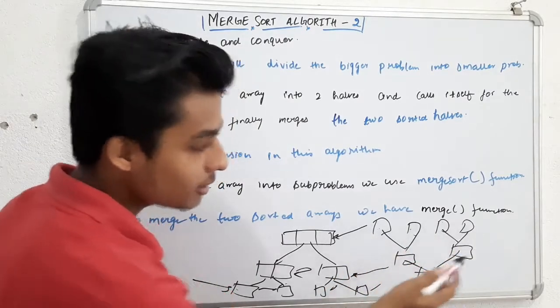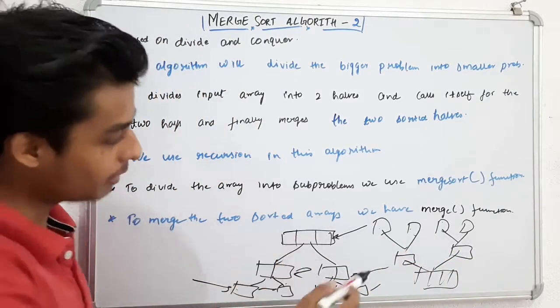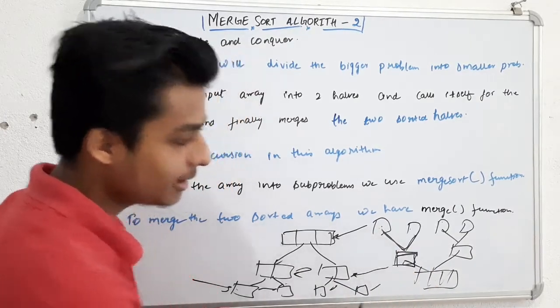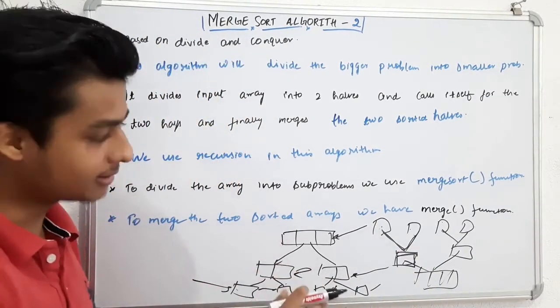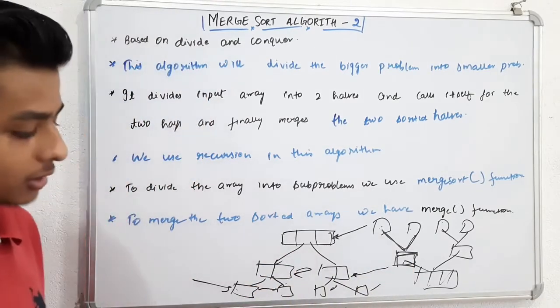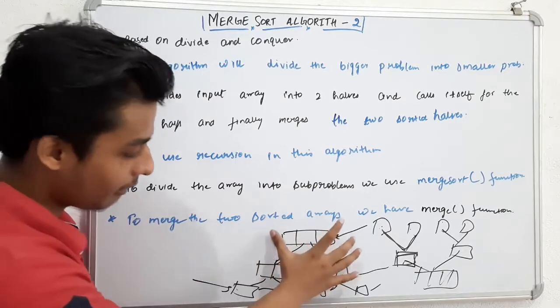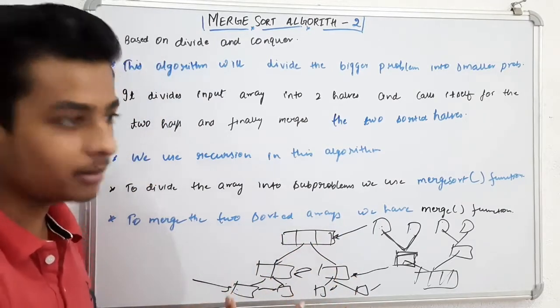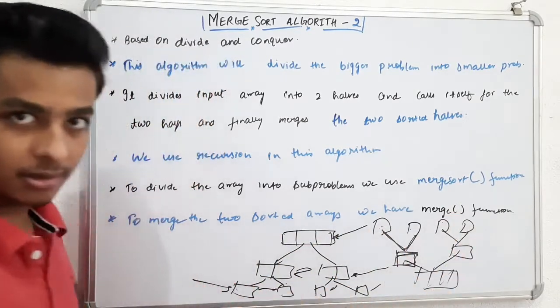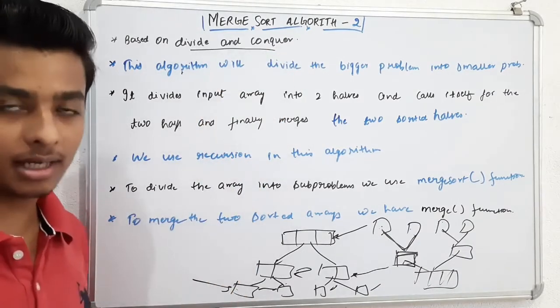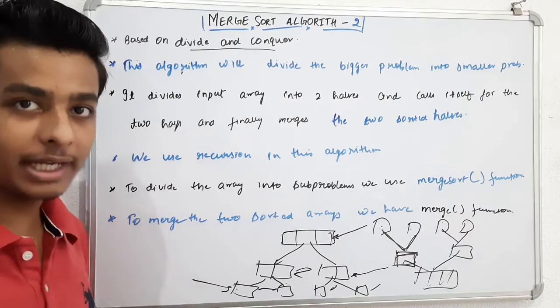These blocks will be in sorted manner, and your task will be just to merge these two arrays so that you get a sorted array after merging also. As of now, just understand that we are dividing the problem into subproblems, and after that we are merging it. That's why this is called the divide and conquer algorithm. I hope you have got some intuition, right?